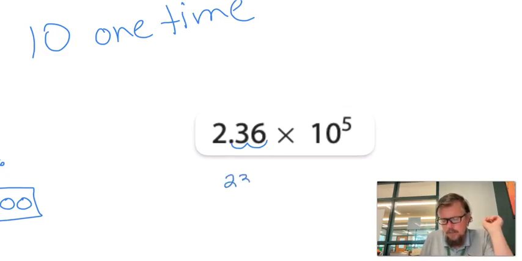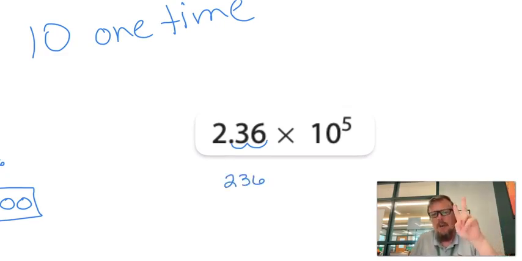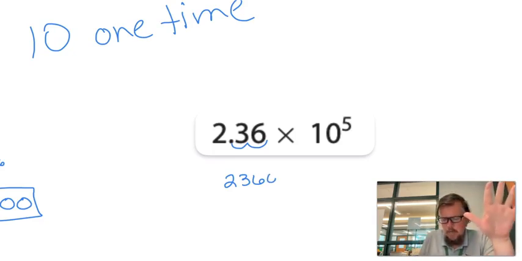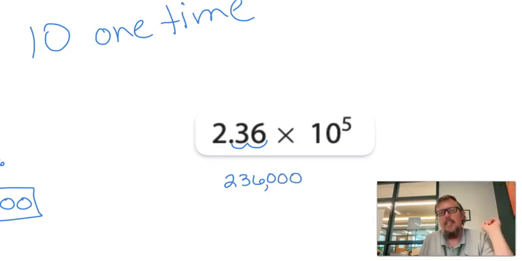That'll give me 236. But I need to multiply by 10 5 times, 10 to the 5th. So 2 times gets me to the end of the number, and then I need 3 more times to get to my total of 5. So I'm going to add 1, 2, 3 more zeros onto the end for 236,000.